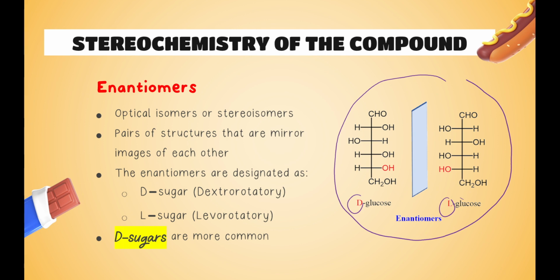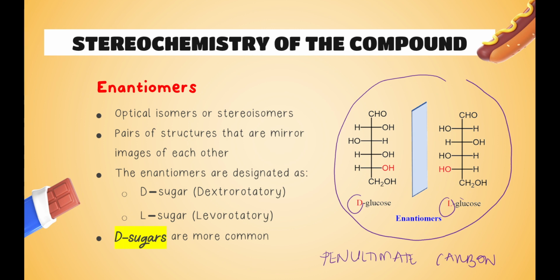Now again, going back to what I said, look at the OH group. Ma'am, there are so many OH groups in the structure. Which specific OH group? We go to what we call the penultimate carbon. So what is this penultimate carbon, kids? When we say penultimate carbon, it means the second to the last carbon.